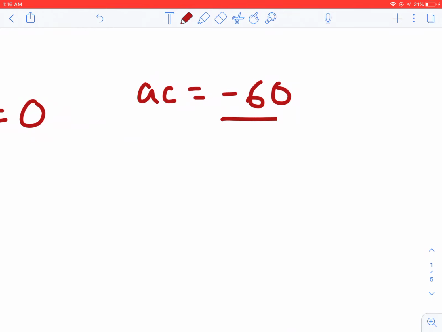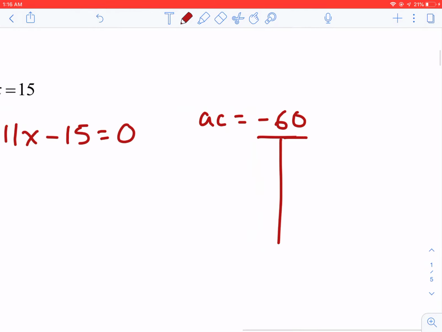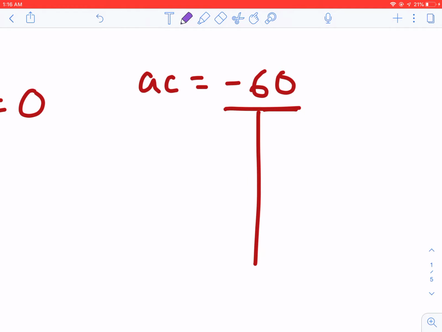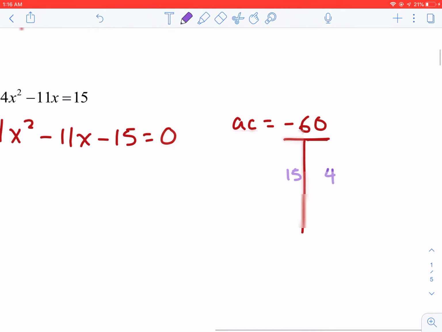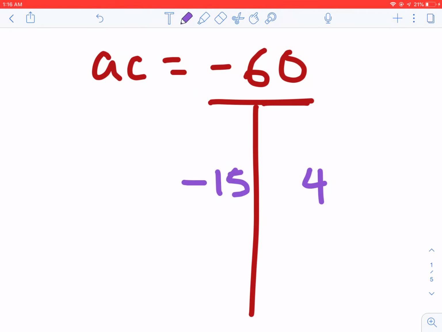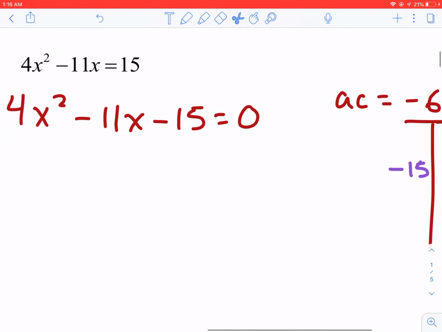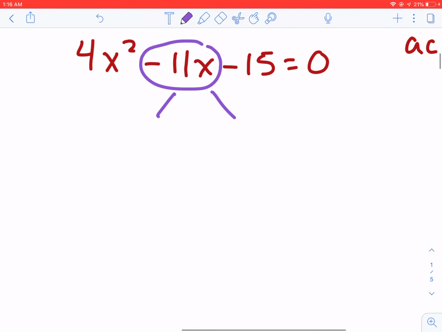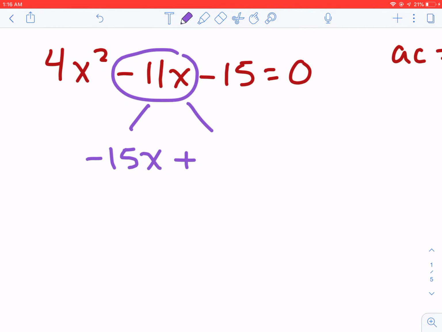I'm looking for 2 numbers that multiply to negative 60 and add up to my middle coefficient, the number in front of the x, negative 11. I'm going to save some time and just tell you the 2 numbers are 15 and 4. The 15 has to be negative to add up to negative 11 and multiply to negative 60. Using those 2 numbers, I'm going to break down the negative 11x into minus 15x and plus 4x.